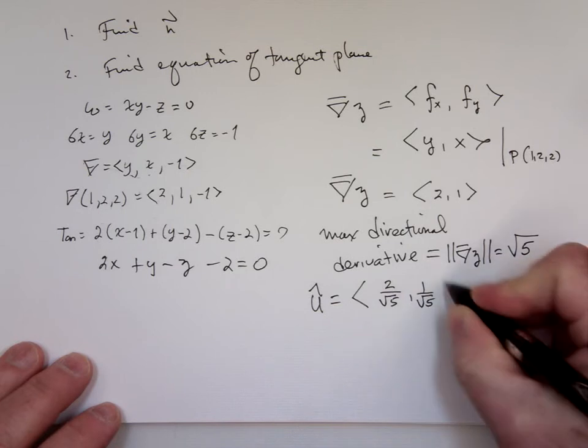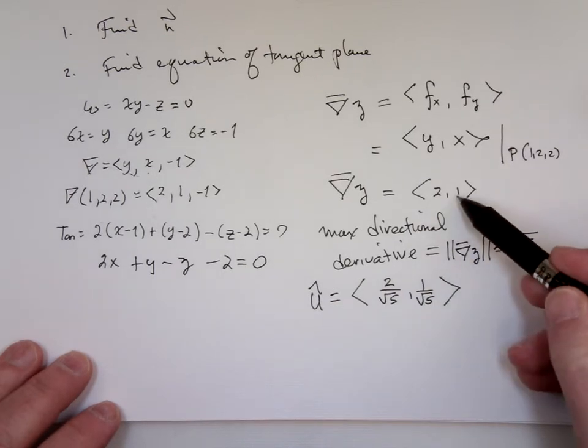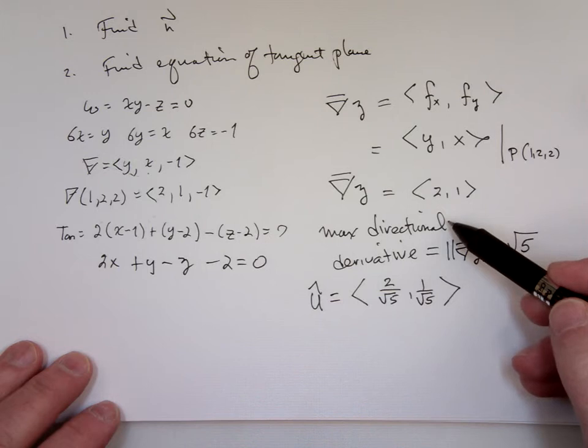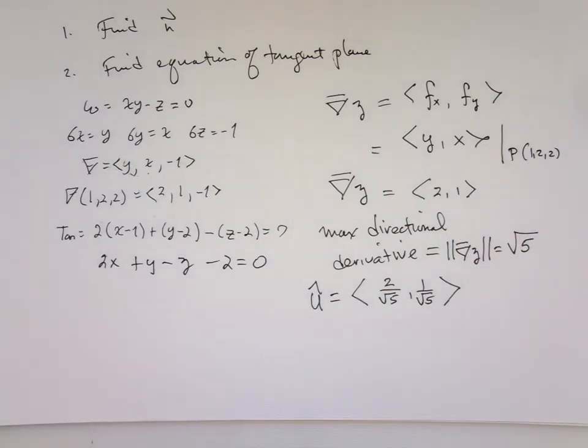What I've done is divide the gradient by its magnitude. Now I have a unit vector pointing in the direction of the gradient. What should the answer be to the directional derivative of our surface at that point in this direction?